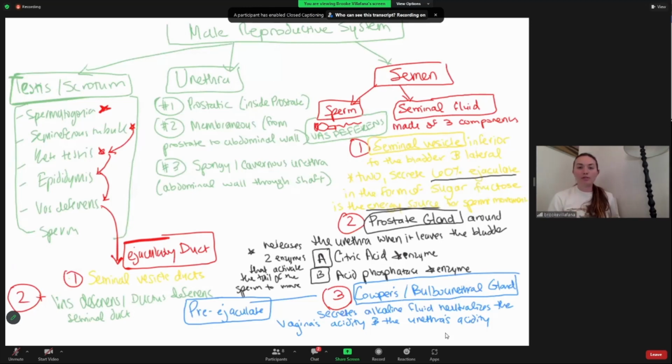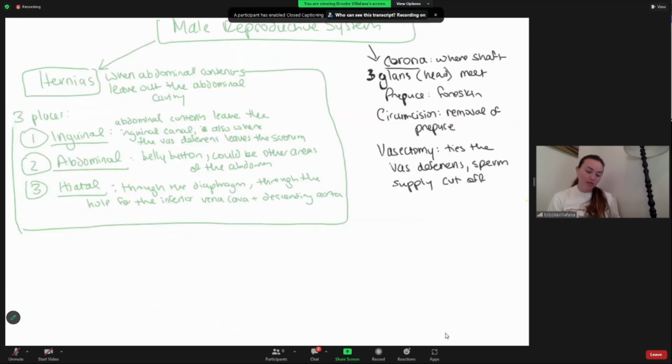So a person who had a vasectomy would still ejaculate seminal fluid, just with no sperm. They still produce testosterone, so testosterone production doesn't stop after a vasectomy.